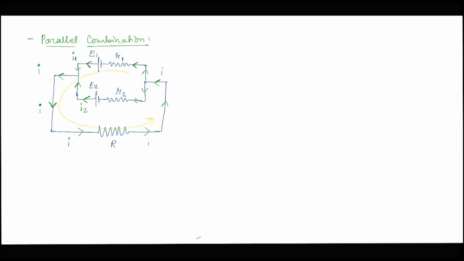We are ignoring E2 R2. So the expression will be IR plus I1 R1 minus E1 is equal to 0. So this becomes my first statement.